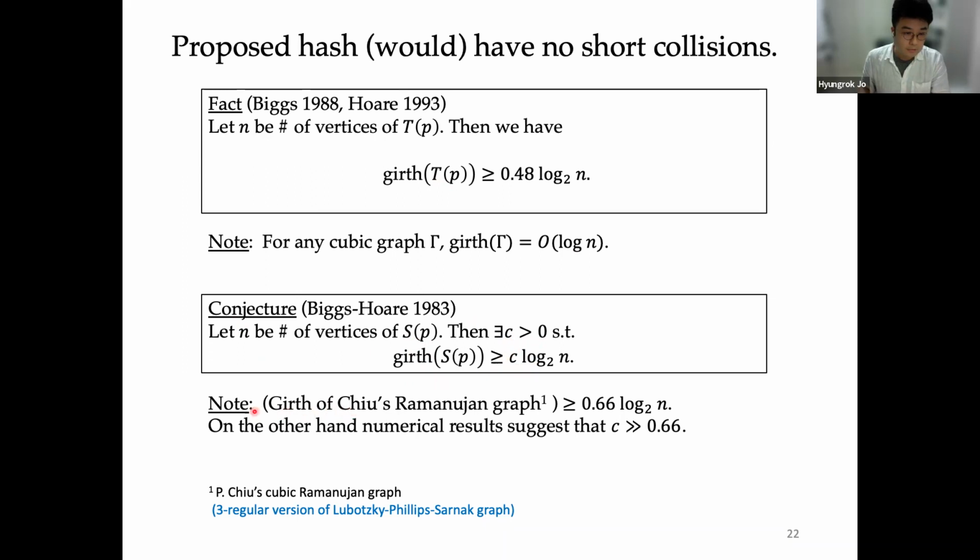Comparing to other graphs, the girth of the Cho Ramanujan graph has this form. The Cho Ramanujan graph means a 3-regular version of the Lubotzky-Phillips-Sarnak graph. And on the other hand, in sextet graphs, numerical results suggest that c is larger than this constant.